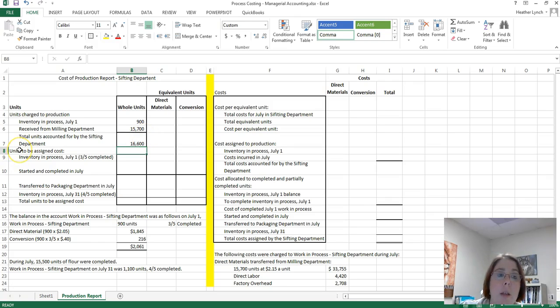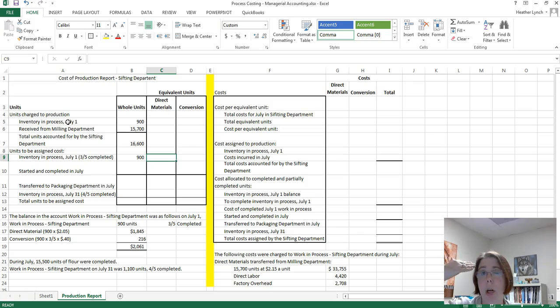So now we need to look at units to be assigned cost, so we have to break this down. Our units in process July 1st was the 900 units. Since we are sifting the flour, all of our direct material has to come from the milling.